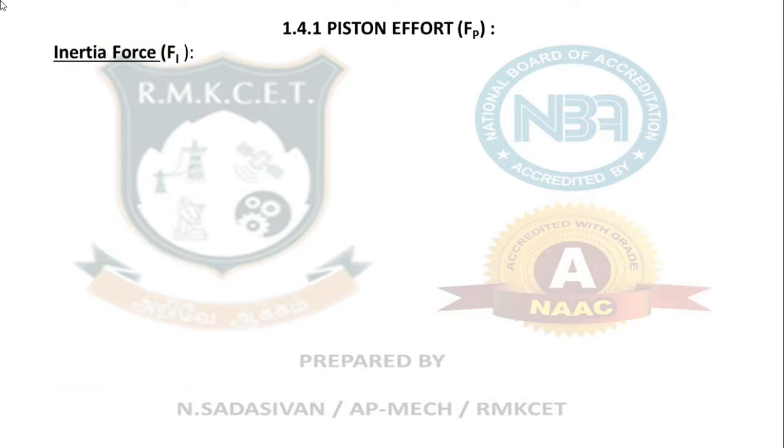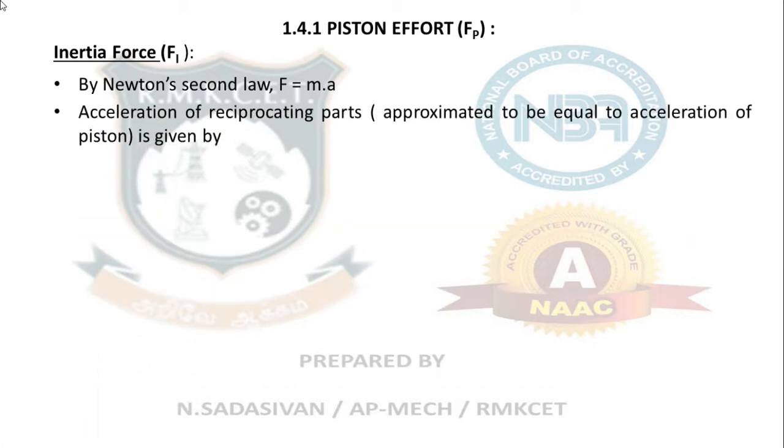So next is the inertia force. So we have seen what is FL. Now we are going to see what is FI. Inertia force we have already seen: F is equal to m into a by Newton's second law. The acceleration of the reciprocating parts, we have already derived this formula, right? a is equal to omega square r into (cos theta plus cos 2 theta divided by n).